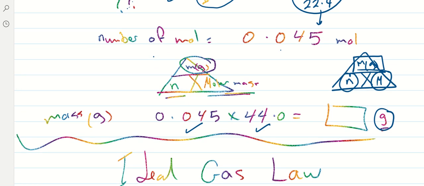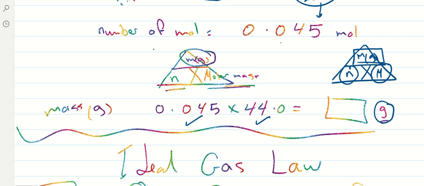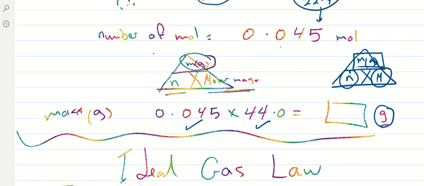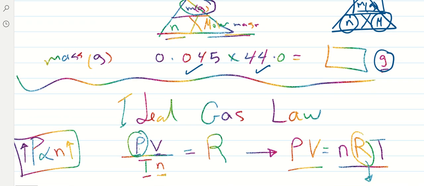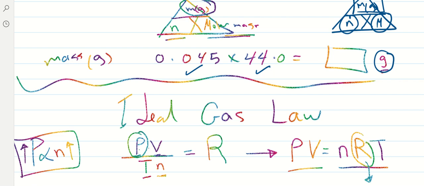Ideal gas law. The ideal gas law takes into consideration 4 variables: pressure, volume, temperature, and number of moles or number of particles. Of course, we know the relationship between pressure, volume, and temperature. What about the number of particles or number of moles?